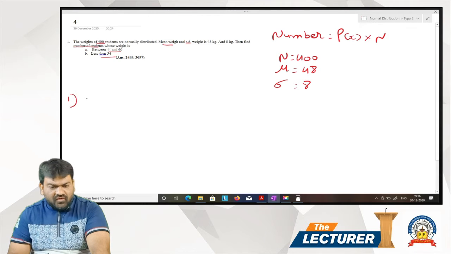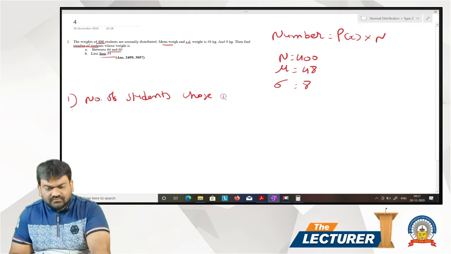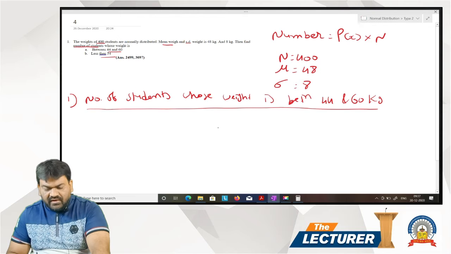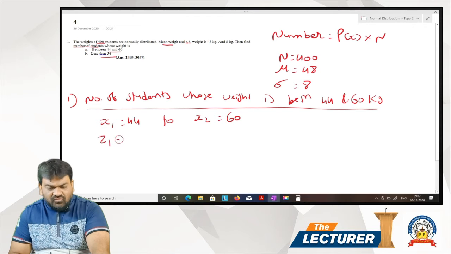Now first we have to find the number of students whose weight is between 44 and 60 kg. So x1 is equal to 44 and x2 is equal to 60. Convert x into z, that is z is equal to x minus mu upon standard deviation.